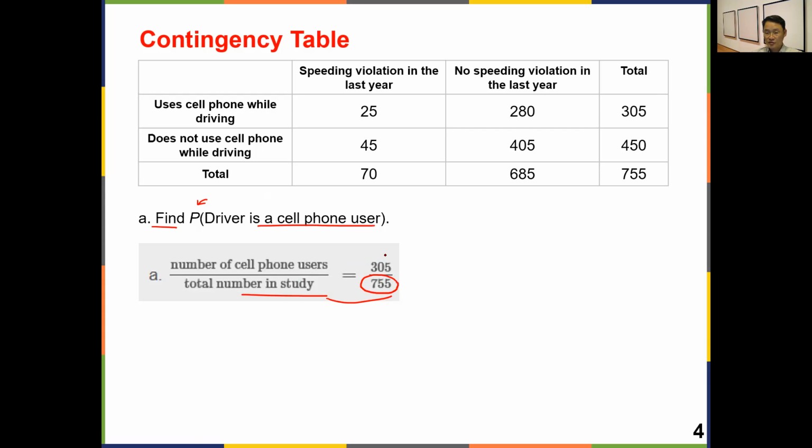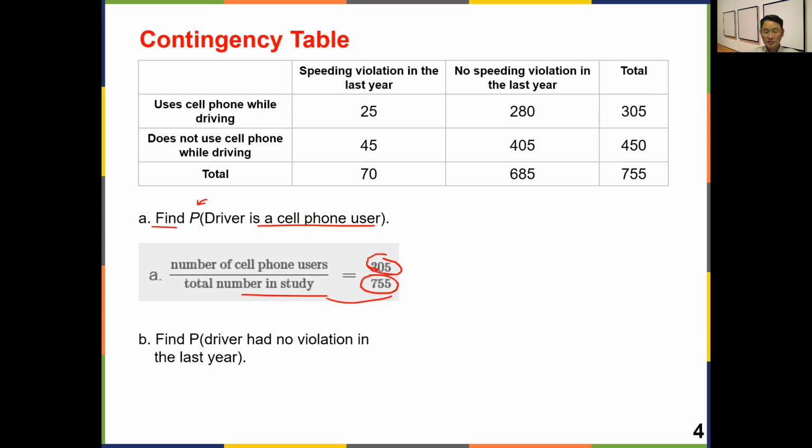Number of cell phone users, 305, just like that. Now, this question is not saying that you put your final answer in reduced fraction form or get up to 3 decimals or put it in percent, whatever. They didn't specify anything like that. So if they don't say anything, then you can just leave it like that, right?